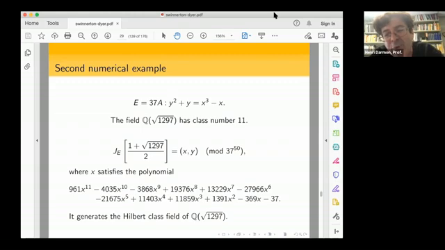I haven't been able to check many examples with higher order characters than 2, and that connects to the phenomenon that Barry spoke about in his lecture, that the higher order vanishing for non-quadratic ring class characters in this setting seems to be extremely rare and extremely hard to find in the relatively small examples that we can. But we very much believe, of course, that this would be the case.